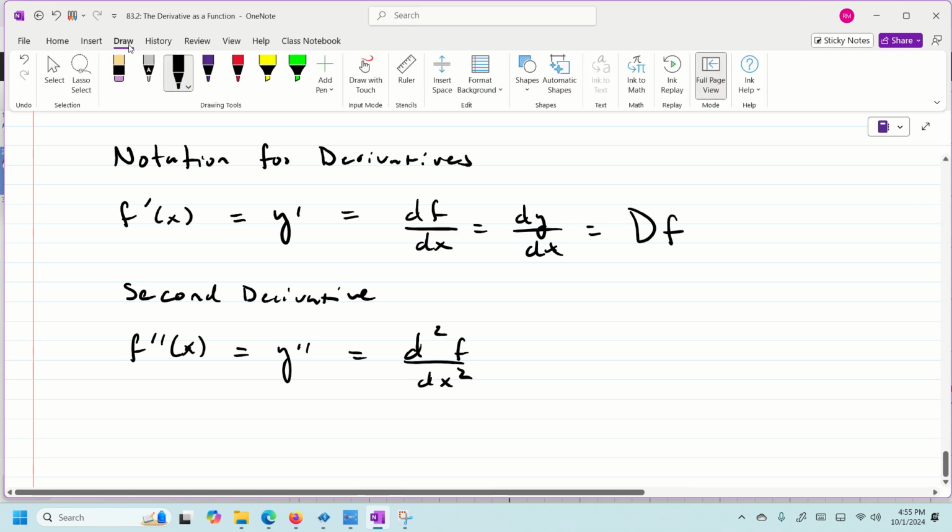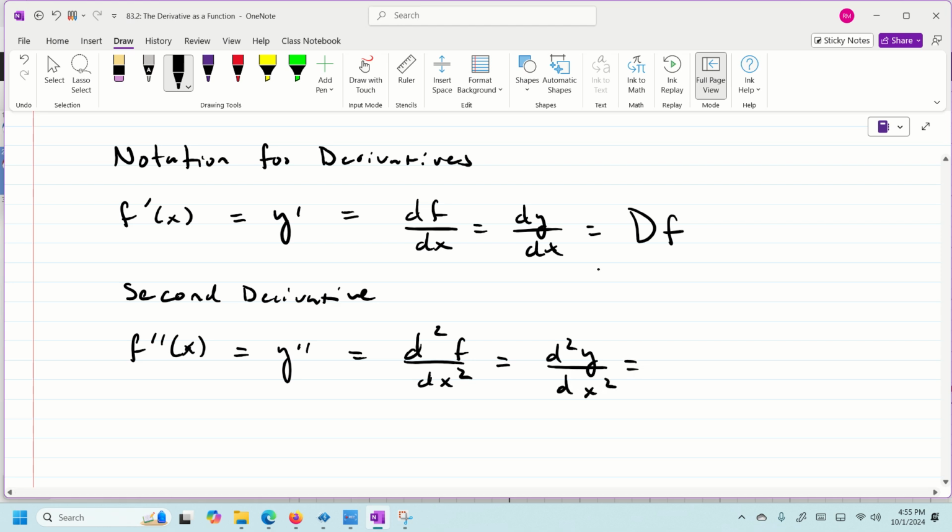Notice that for the numerator, the 2 is wedged in between the two letters, while the 2 on the denominator is at the end. And for our dy dx notation, the second derivative will look like the derivative of y twice with respect to x twice. And in capital D notation, you would tell the reader, take the derivative twice of my function.